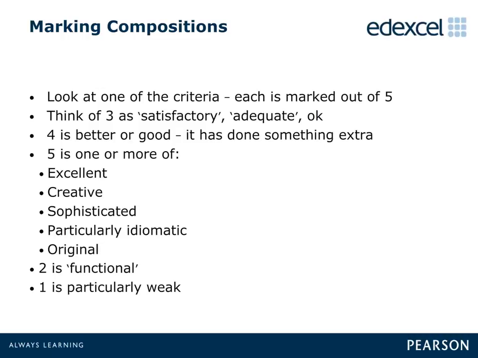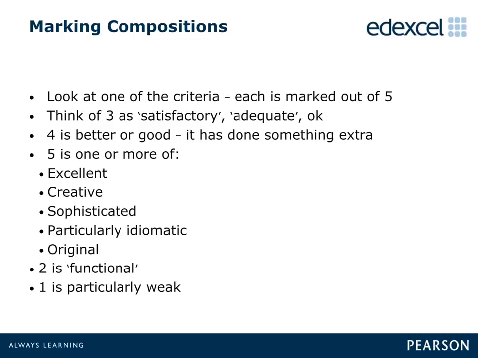In practice, it is most unusual for a criterion to score 0 marks, so it is essentially a range of 1 to 5. When reading through the criteria and comparing it to compositions, it is good to have a general overview as set out on the slide.